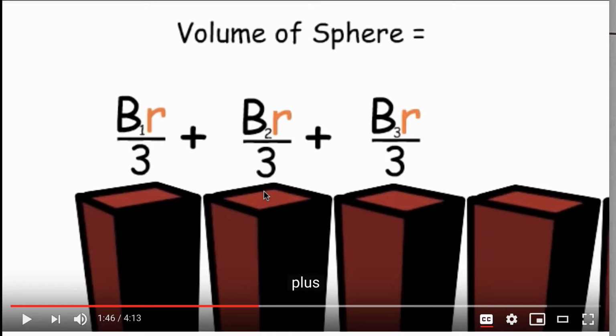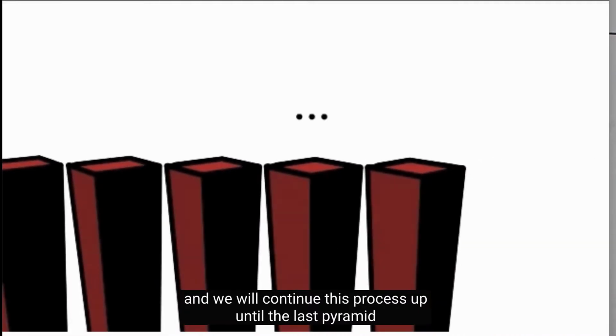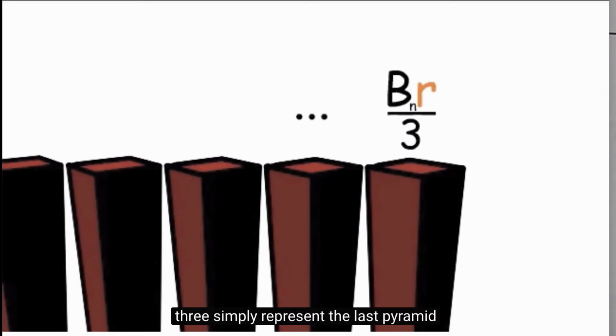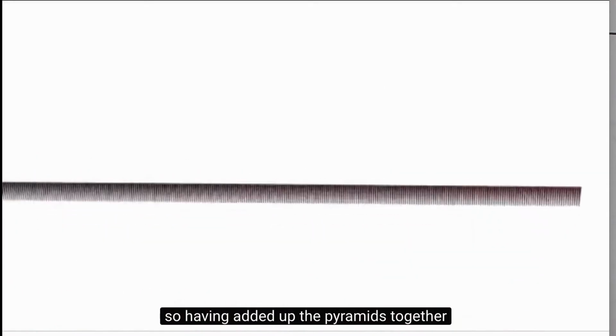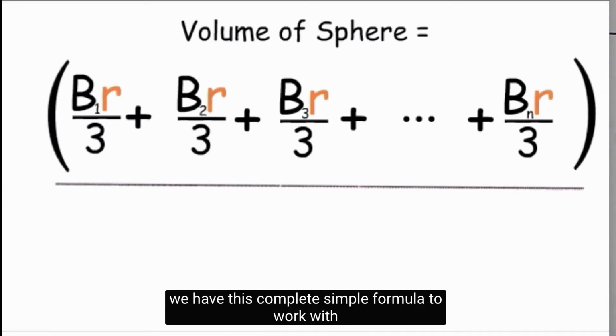Adding up all those pyramids together is going to give us the entire volume of that sphere. This is kind of like what calculus is: breaking things up into infinitely small pieces and then combining them together. We will continue this process up until the last pyramid. Now we don't know how many pyramids we have, so we just let base n r/3 simply represent the last pyramid. So having added up the pyramids together, we have this complete simple formula to work with.